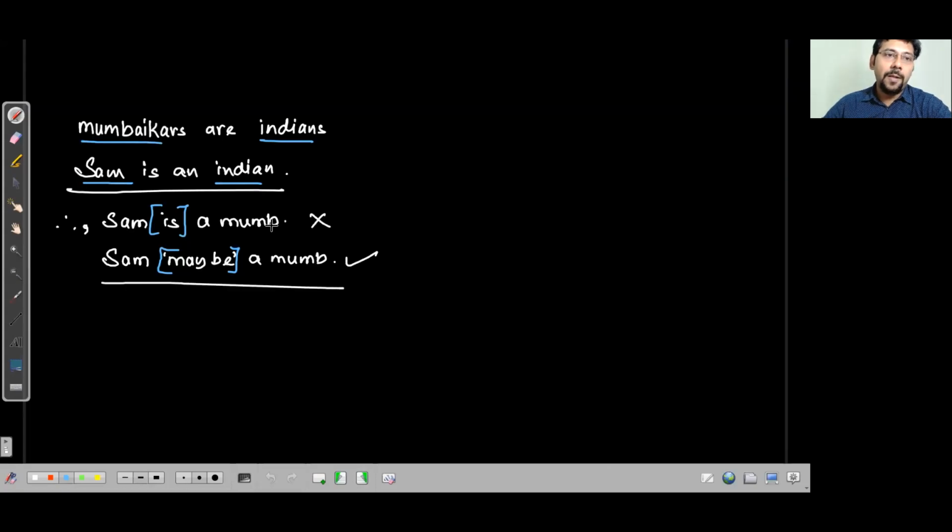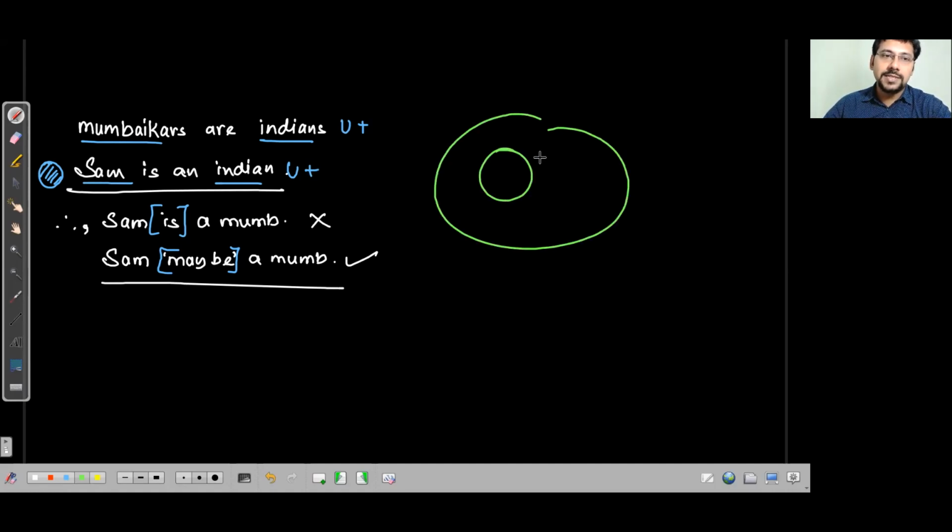Let's decipher how. Mumbaikars are Indian becomes a universal positive set, and Sam is an Indian also becomes a universal set, not just because Sam is particular, but Sam as a set as a whole. The whole of Sam is an Indian. So Mumbaikars as a set is included in the set of Indians, and Sam as a set is also included in Indian.